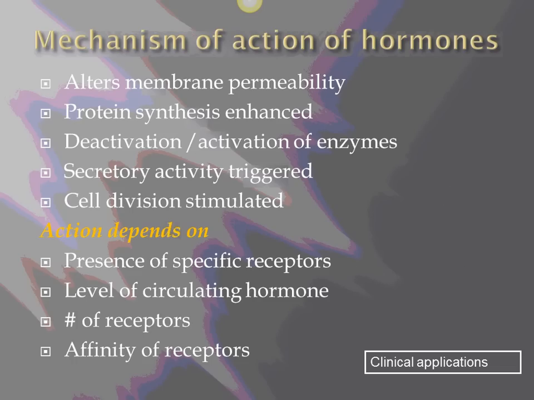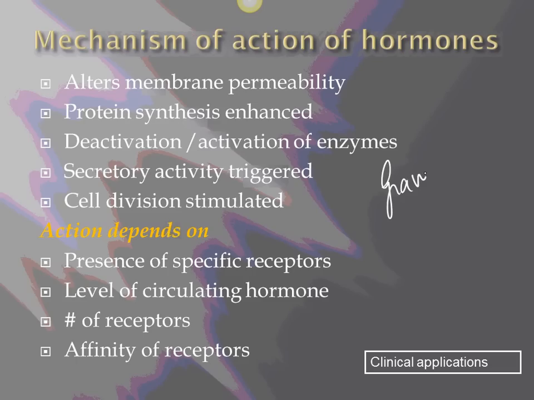Because of these, we can use the fact that maybe the affinity of the receptors, or the presence of specific receptors, or the number of receptors, in certain clinical problems and applications. One of the examples is a disease called Graves' disease, which we'll see when we do it.